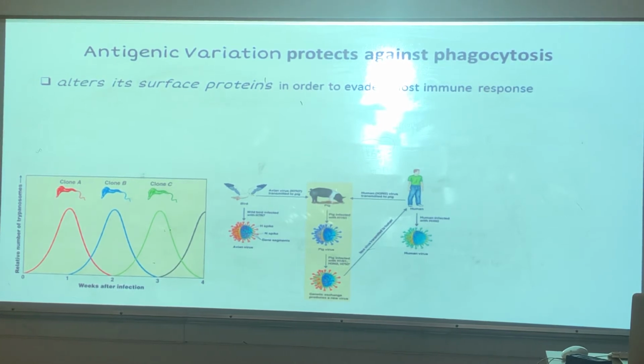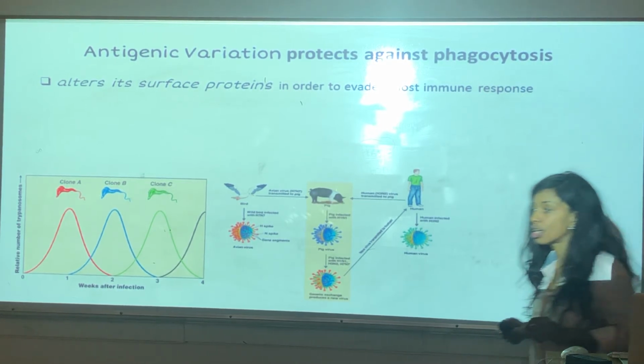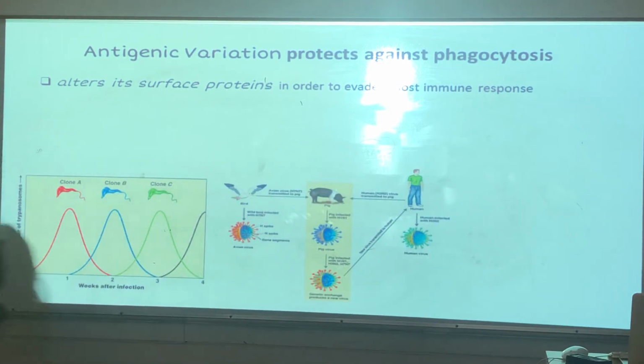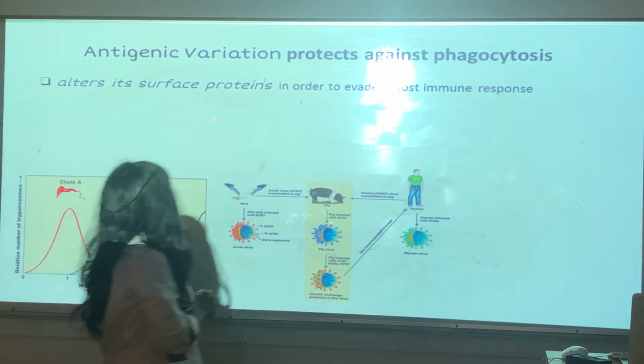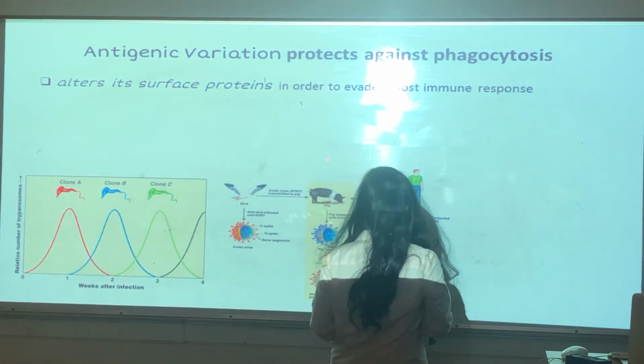Some organisms will use antigenic variation. Antigenic variation is another mechanism used by these microorganisms to protect themselves against phagocytosis. This allows the foreign invader to alter its surface proteins.